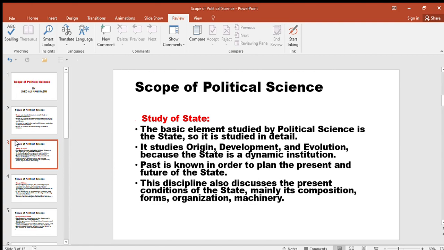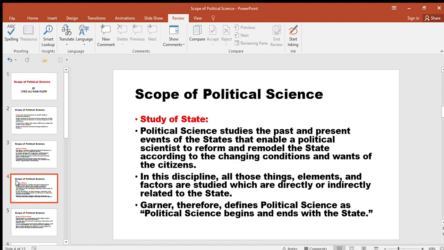It studies origin, development, and evolution, because the state is a dynamic institution, and the past is known in order to plan the present and future of the state. This discipline also discusses the present conditions of the state, mainly its composition, forms, organization, machinery, etc.